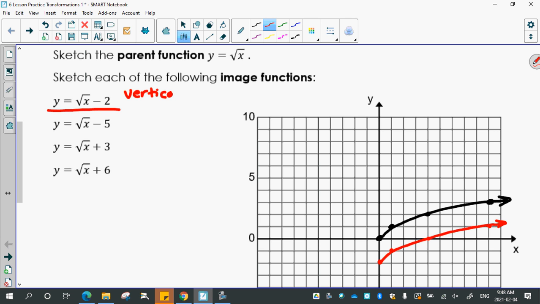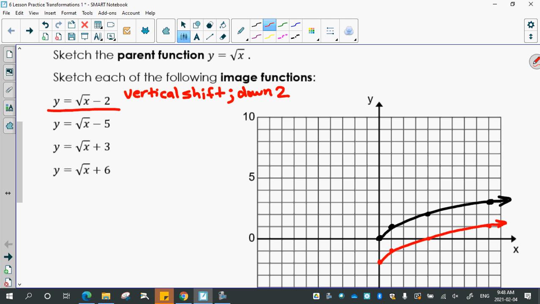So that's the overall transformation. And then you put a little semicolon and then you give the exact details of that vertical shift. So that vertical shift was down 2.